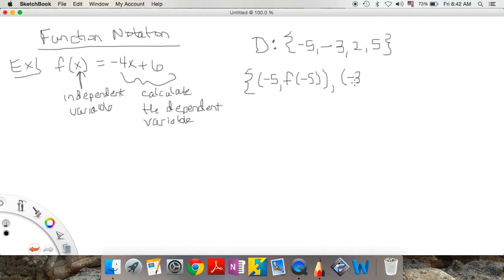And then we have our next x value, our function evaluated there, and our next x value, and then our final one.